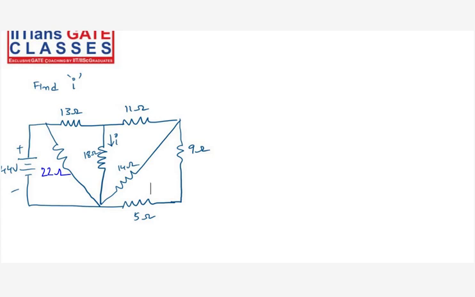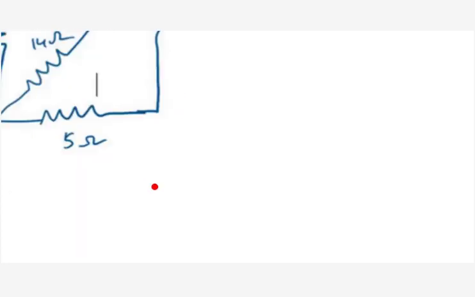9 ohms and 5 ohms are in series, right? So this will become 14 ohms, and I have a 14 ohms here.